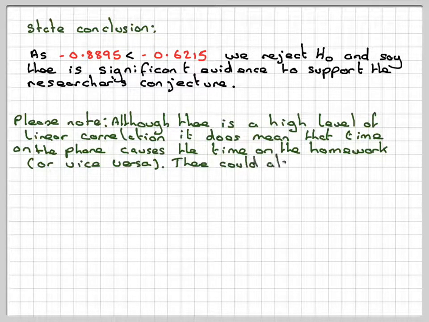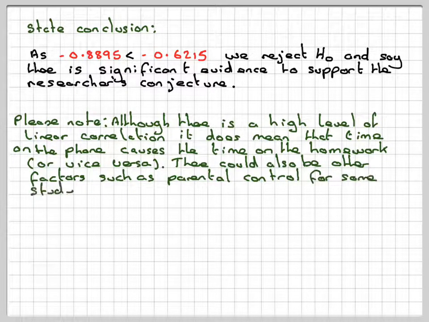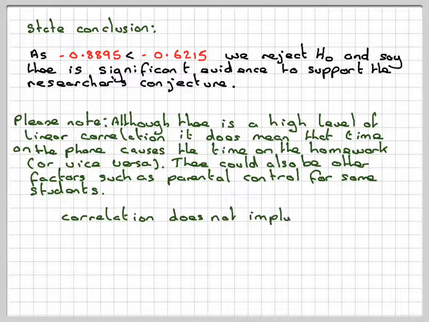Right, there could be other things which come into play, such as parental control or amount of free time available. Does the student actually have to do some work after school, like paid work? There could be lots of other things that influence it. So you shouldn't just assume that one thing causes the other. Correlation does not imply causation.